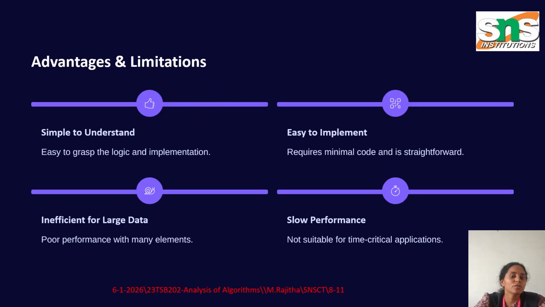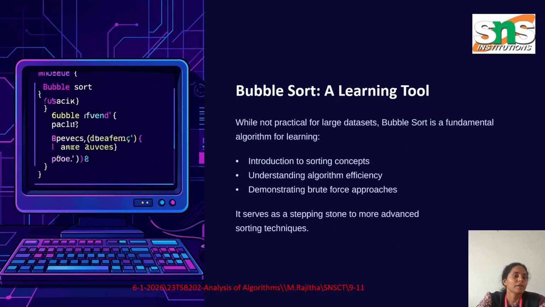So, advantages of bubble sort. Bubble sort has some advantages. Very easy to understand, very easy to implement, requires simple logic. Good for beginners and learning. Because of these reasons, bubble sort is widely used in classrooms and labs to explain sorting concepts.